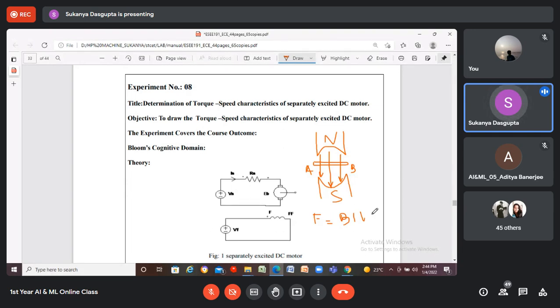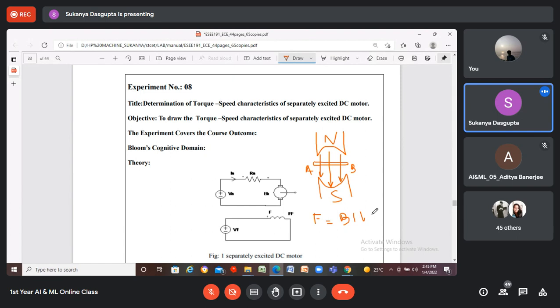And the direction of the force on this conductor will be determined by Fleming's left-hand rule. Right? So what is that rule?